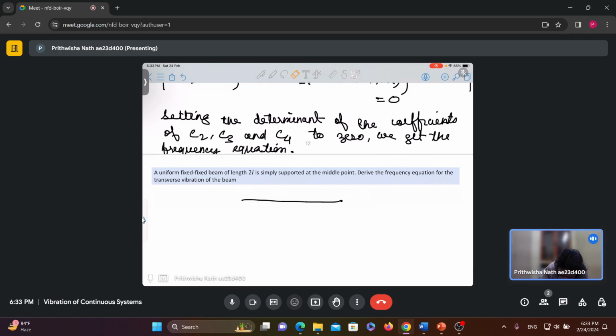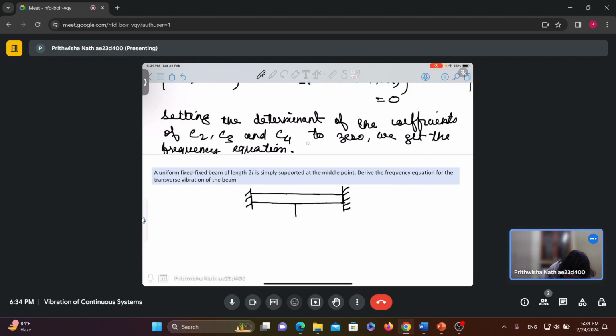So this is the figure. It is simply supported at the midpoint.